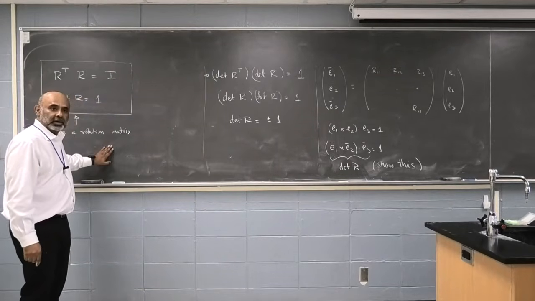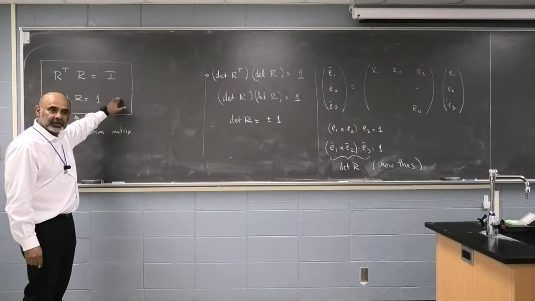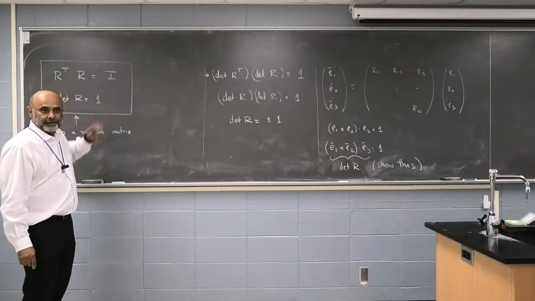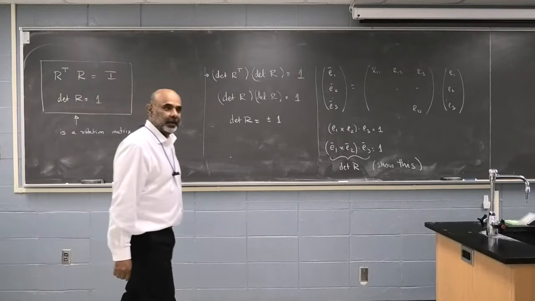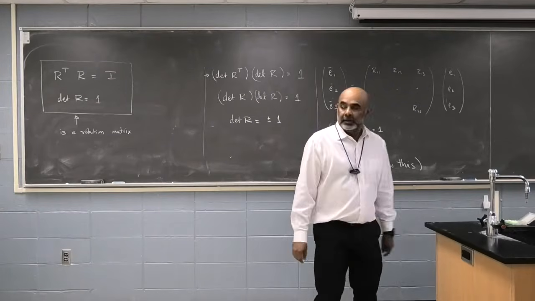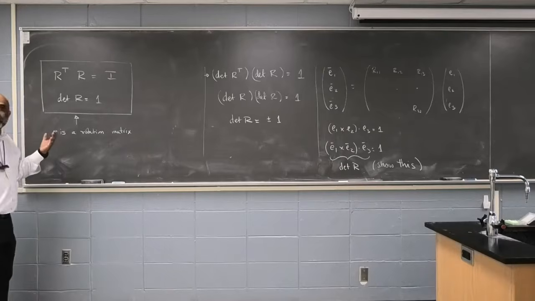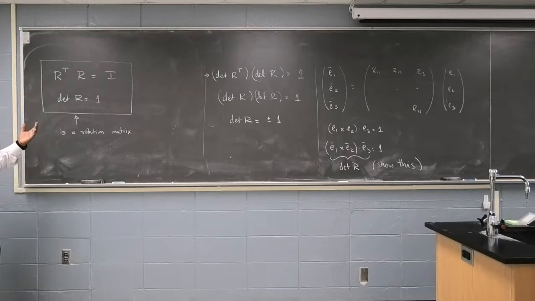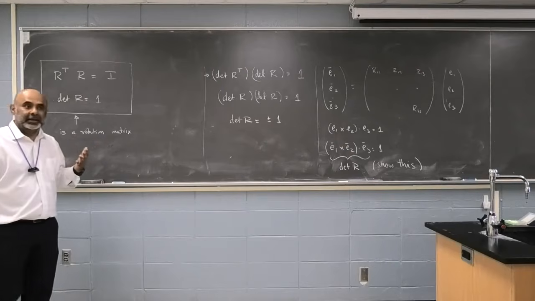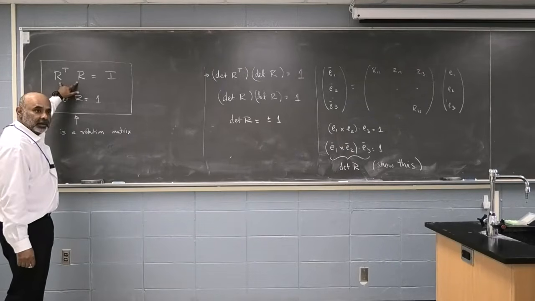Conversely, if it's a rotation matrix, it is precisely this. So what I'm saying is, if I take any matrix whose transpose is the inverse of the matrix, and the determinant is 1, isn't that what this is saying, by the way, guys?